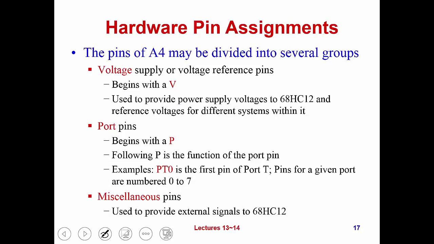Now we have so many pins. These pins can be roughly divided into different groups. Some pins only do one job, while other pins do other jobs.